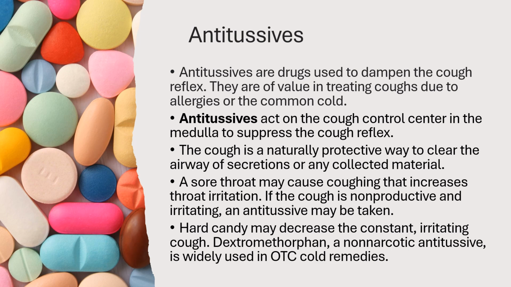Now, the most frequently used non-opioid antitussive is dextromethorphan, which is available in over-the-counter cold and flu medications. Dextromethorphan is chemically similar to the opioids and also acts on the central nervous system to raise the cough threshold.